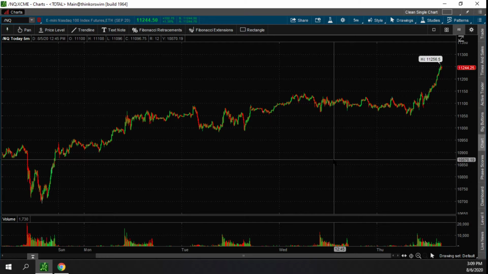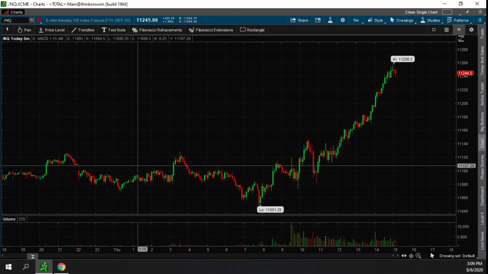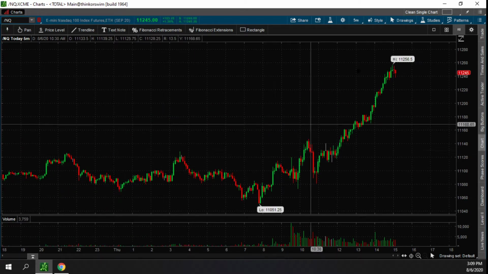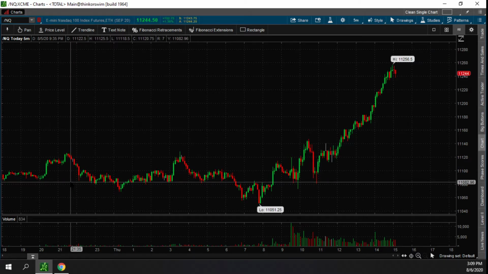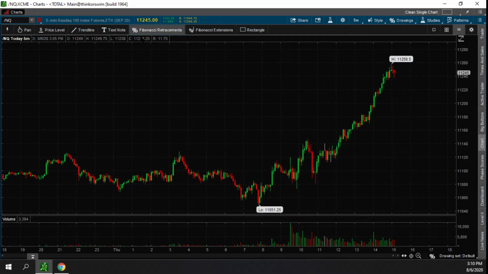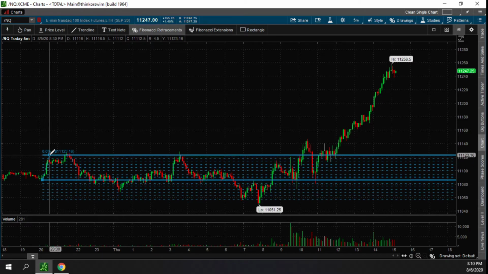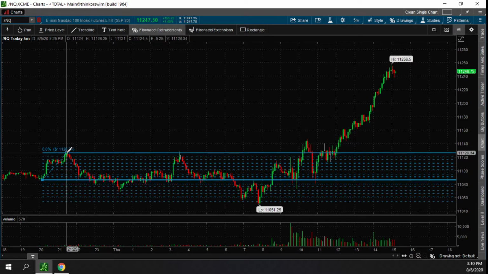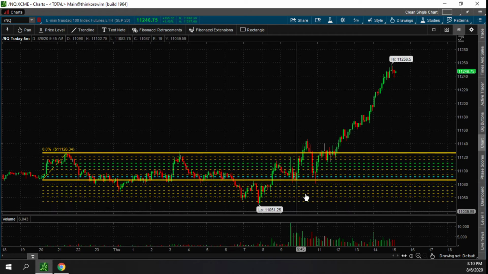So let's make it a little bit easier on today's session. So this is today's session, August 6, 2020. So you would take your extension, pick 2 points. You could take this one here, and then the top of that. That's your extension going to the downside.